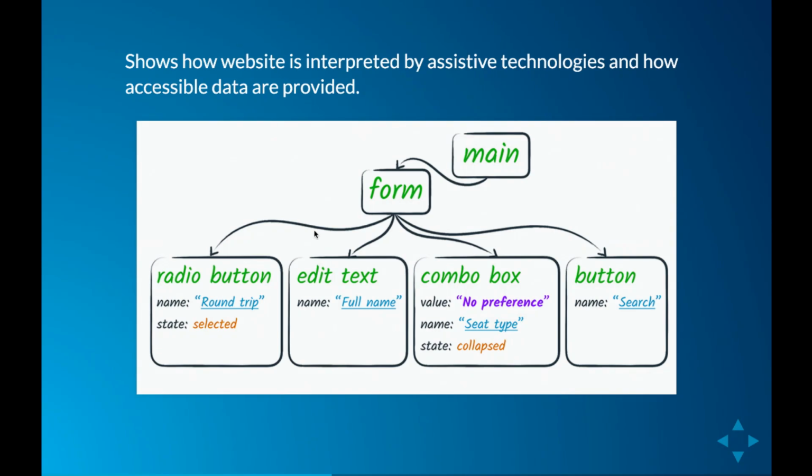This is how the browser interprets this form and conveys that information to screen readers. The browser will tell the screen reader, hey, this is a button, it has a name called round trip, and the state is selected. I mean, not a button, an option input. The screen reader will read this and convey that information back to the real user.